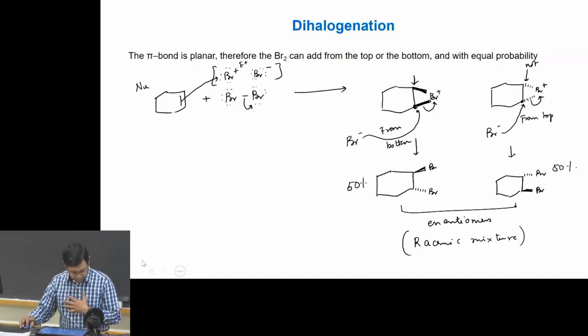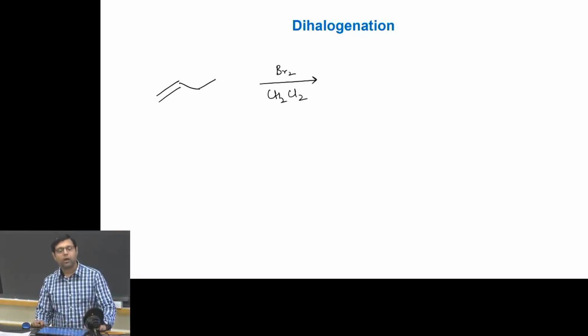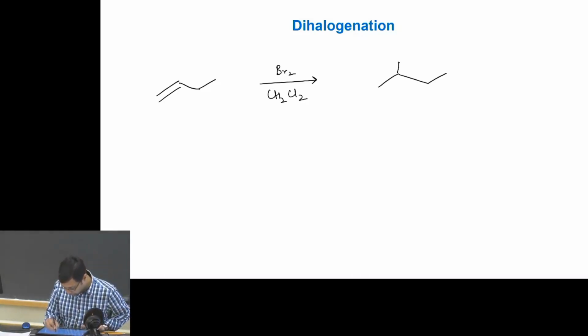Let's take another example. Let's say I'm starting with this alkene and I'm performing dihalogenation with Br2 and CH2Cl2 as the solvent. In a dihalogenation reaction, bromine will always be added anti to the double bonded carbons. All right. So if Br is up, Br will be down at this carbon.